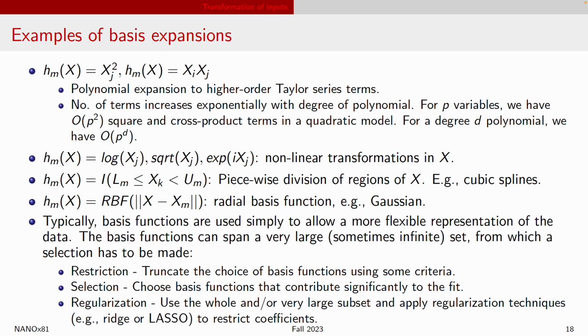So you are essentially saying that, for instance, in this case, if it is a Gaussian, that radial basis function will be defined by a mean and a standard deviation. So that will be one basis function, and of course you can have multiple means and multiple standard deviations. Okay. Yeah. So essentially it's a set of basis functions. Okay. All right.